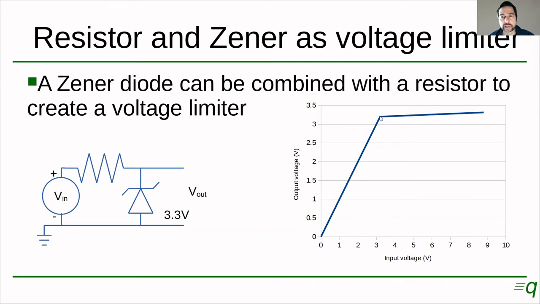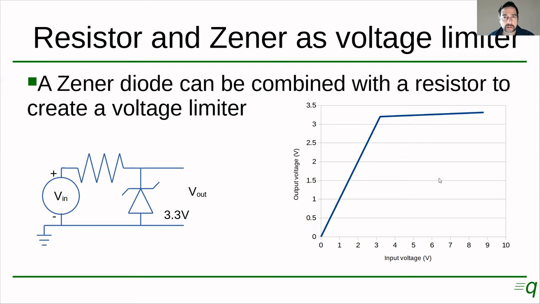At this point, it's going to be increasing very little, maybe from 3.2 here to 3.3 in the middle and 3.4 over here. So you see where this is going, right? We have an input voltage that varies between 3.3 and 9, which is a very large variation, right? 6 volts on the input. And the output voltage varies from maybe 3.2 to 3.4. So that's almost nothing, right?